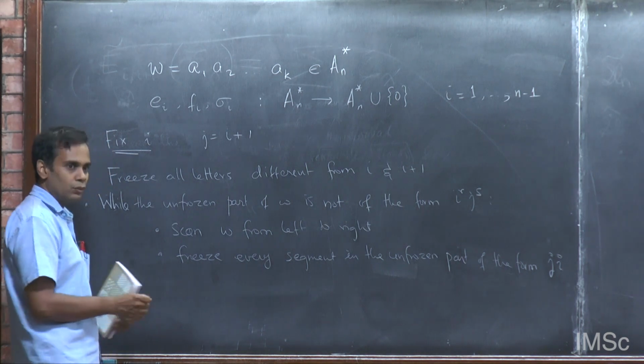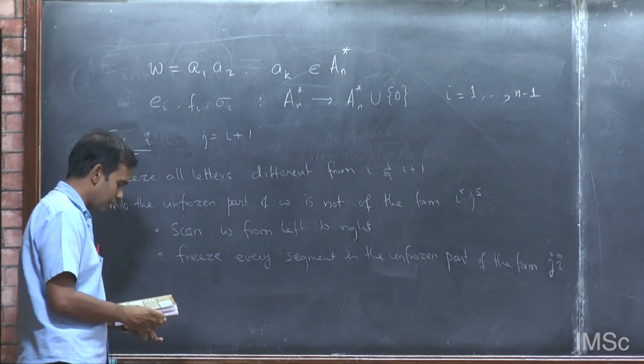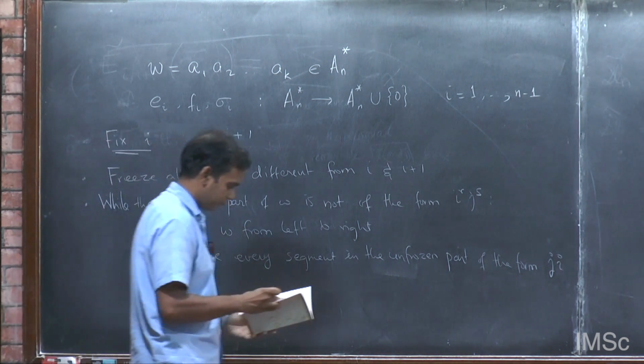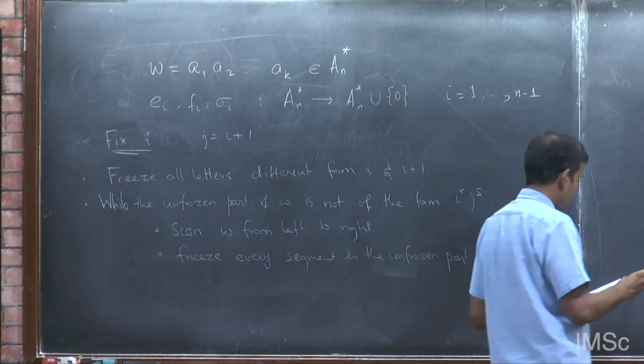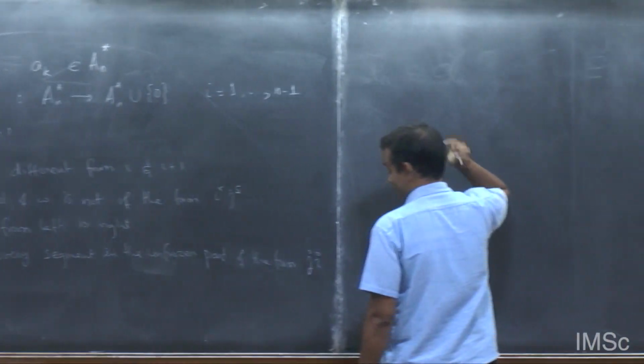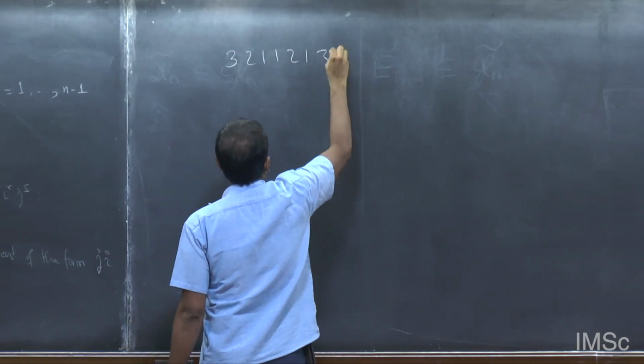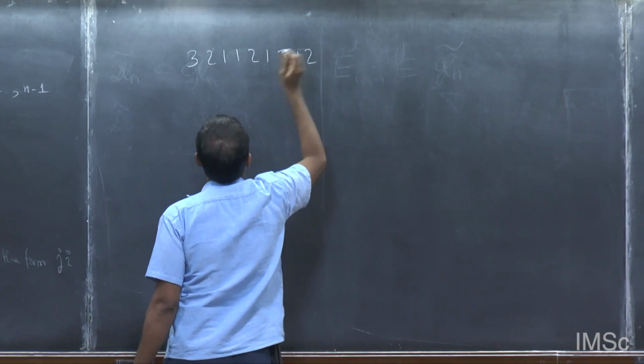Okay. So, now what you have is you have a word. So, let me just do a running example over here. So, let us just take a word with 3 letters. Okay.